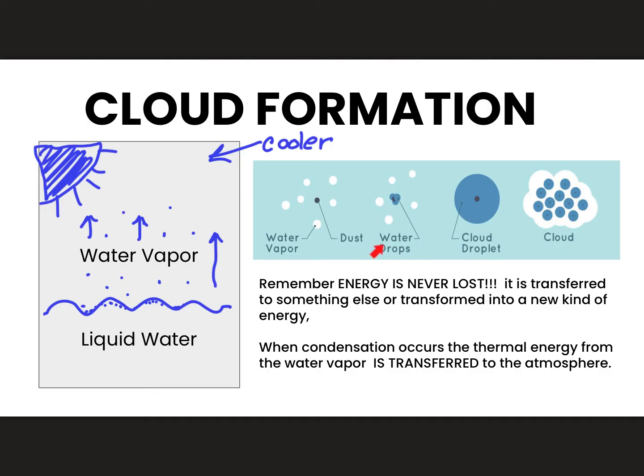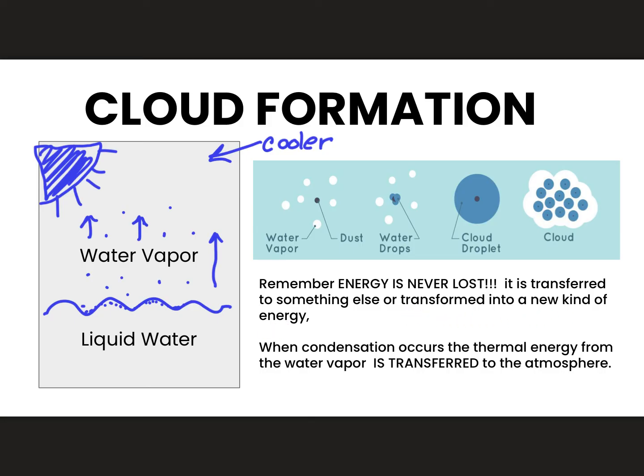This liquid water is condensed on the dust, and when enough liquid particles or liquid water come together, they form a cloud droplet. And many cloud droplets form a cloud. Now remember, energy is never lost. It is only transferred to something else or transformed into a new kind of energy.